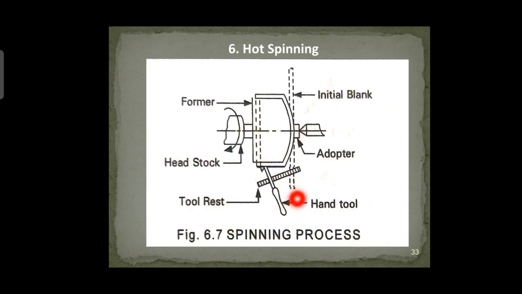Bending is due to the specially shaped tool we press against the blank, and due to the spinning the stretching also takes place. This hot spinning process is suitable for shaping ductile metals. Mostly it is suitable for ductile metals.